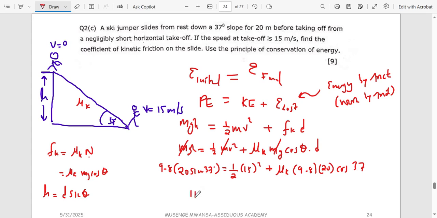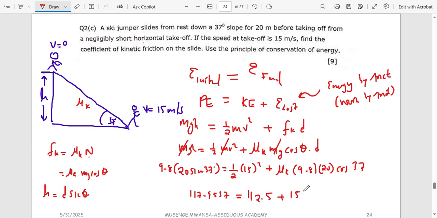That gives us 117.9557. And that will be equal to 15 squared times 1 over 2, that's 112.5, and then plus 9.8 by 20 by cos 37.